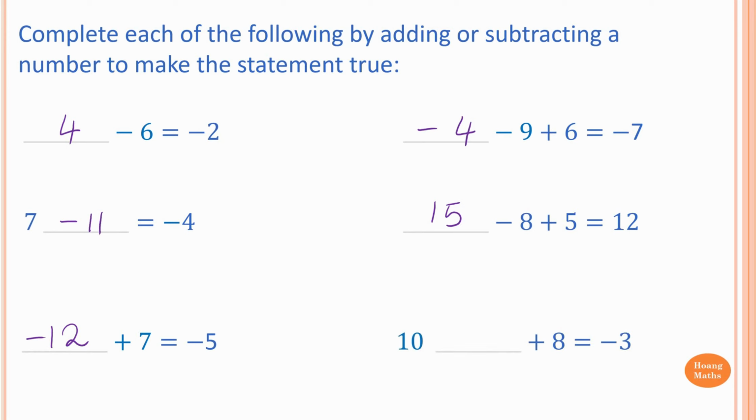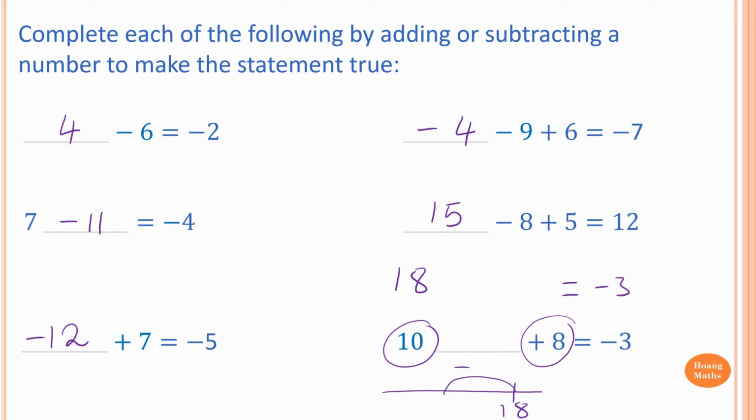Next one. So 10 plus a number, or 10 take away a number plus 8 is equal to negative 3. So we can clear these two numbers first. So 10 plus 8 is 18. And you start with 18 and then you end with negative 3. So that means 18 minus a number. So we start from 18 and then you go all the way to the left 18 units, which is minus 18, that is 0.